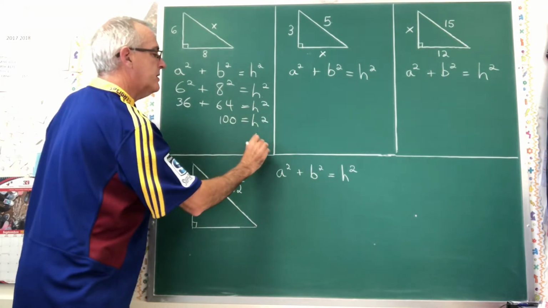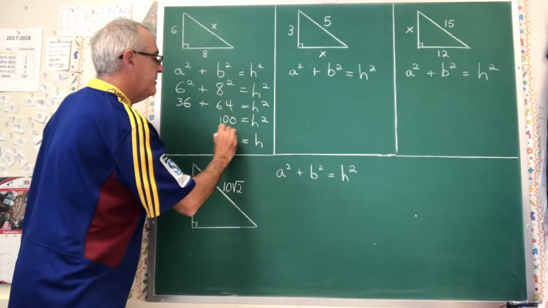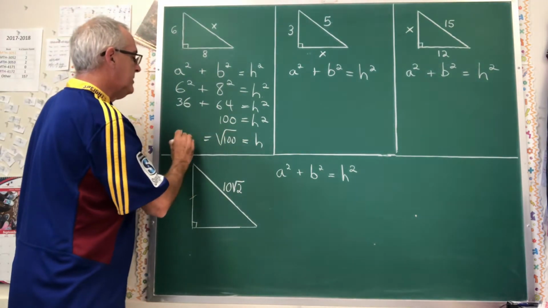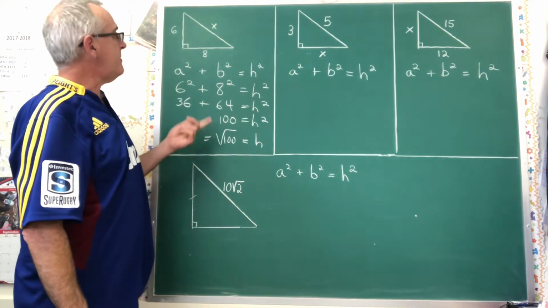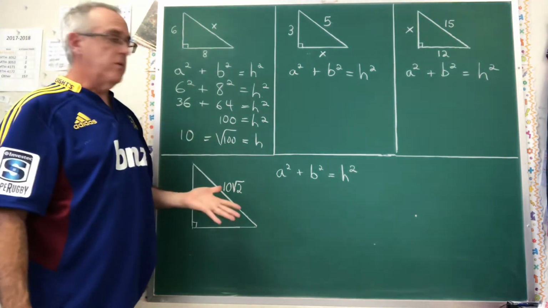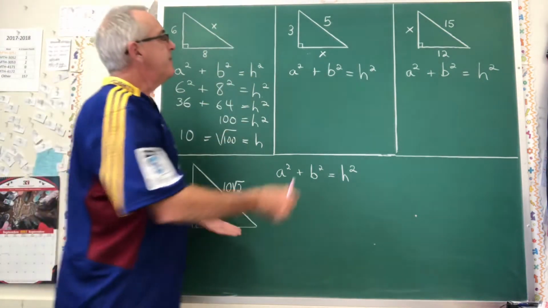So h is going to be equal to the square root of 100, which is 10. I'm not bothering with the unit of measure for these examples. So we found our unknown, and our x was our h in this case.